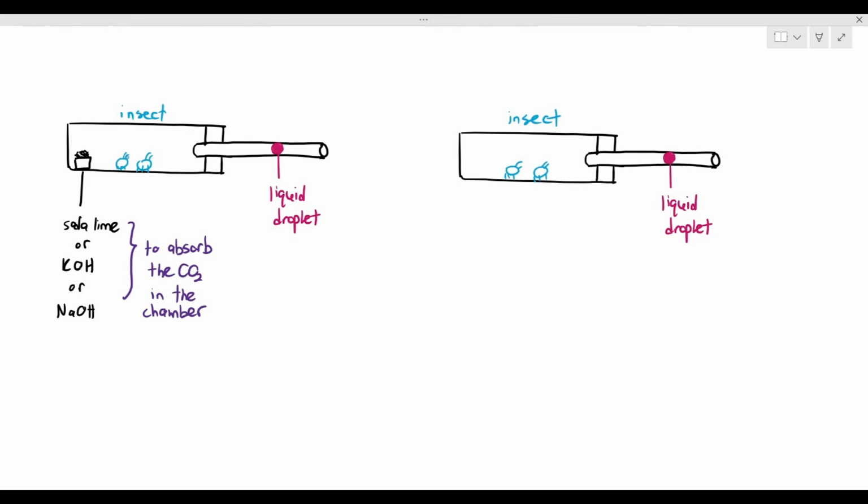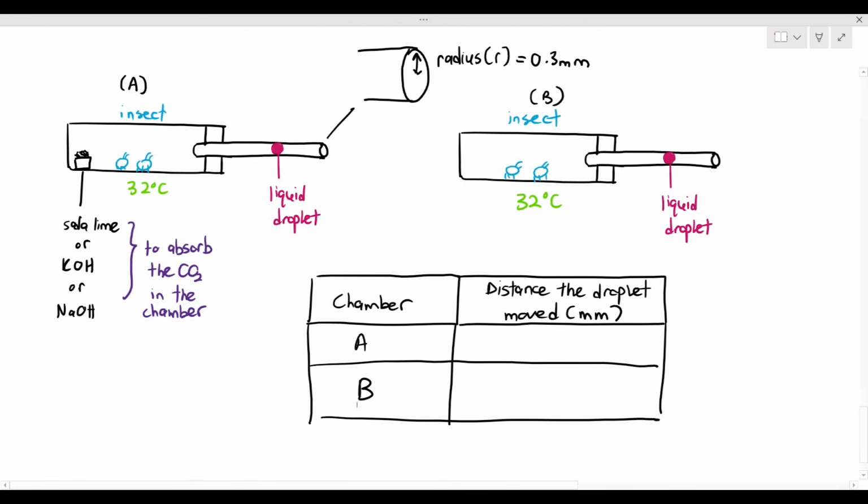This simple one over here is with soda lime and without soda lime. In this situation, let's say with soda lime, on the one on the left, the liquid droplet moved 8 millimeters. And the radius of the tube, as I'm circling over there, is 0.3 millimeters right now.